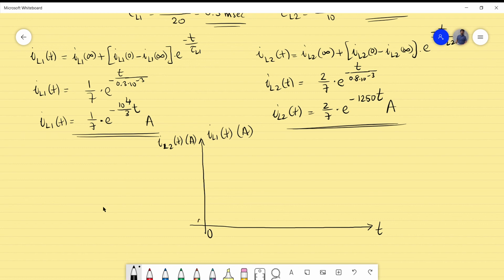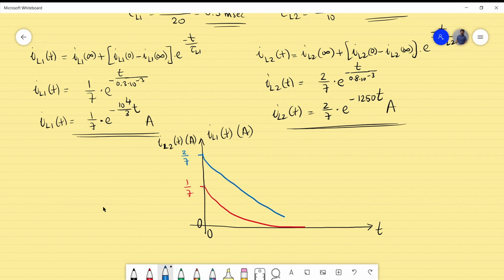So actually, let me also make this clear. This is 0, this is 0. So I will start at 1/7 and I will die out very fast to 0. And for the blue one, I will start at twice as high, and I will also go to 0.